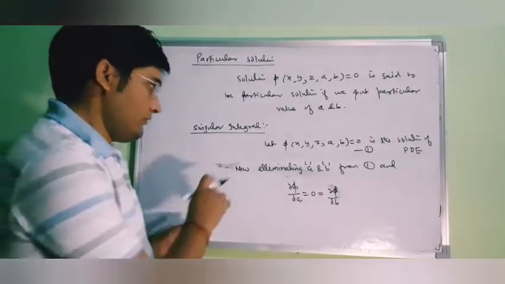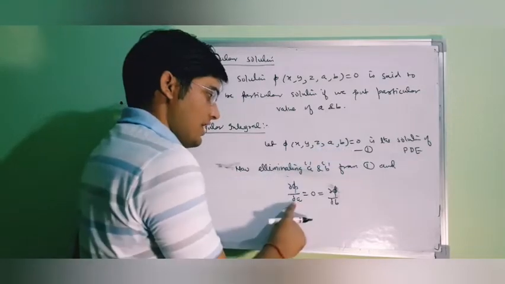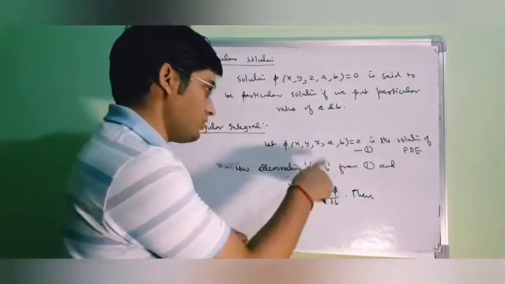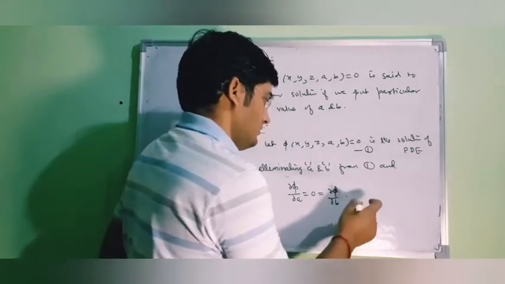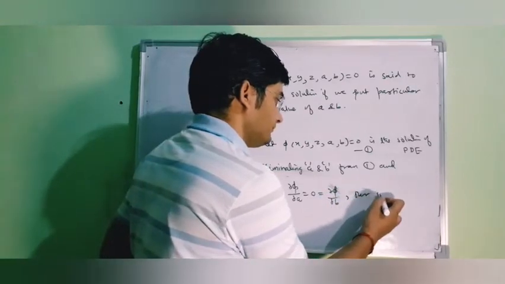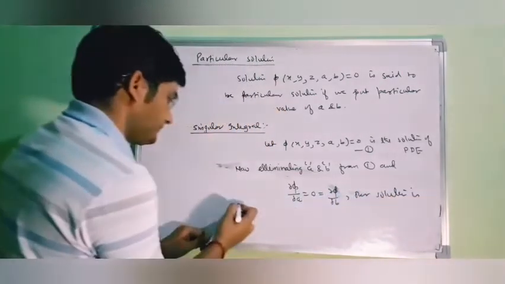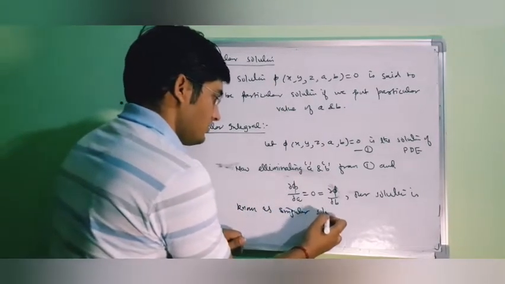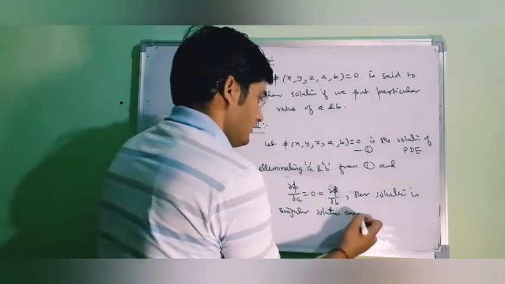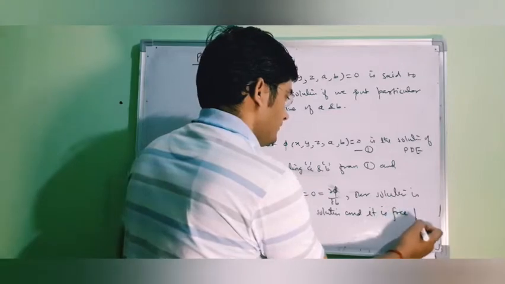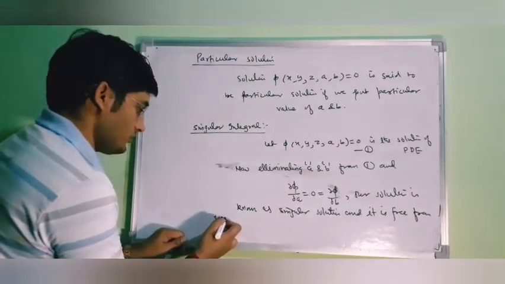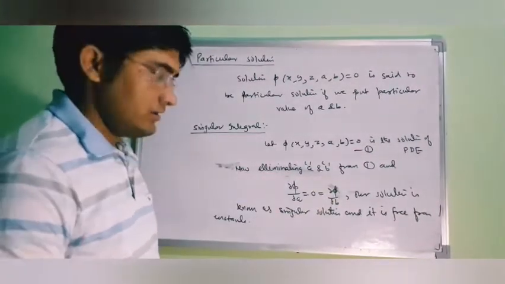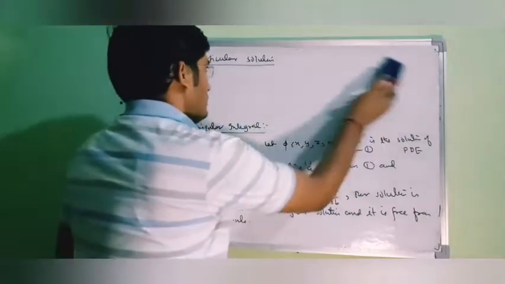If you eliminate a and b from equation number 1 and these two equations, our solution is known as the singular solution and it is free from constants. It will not contain any constant like a and b. So this is known as your singular solution.